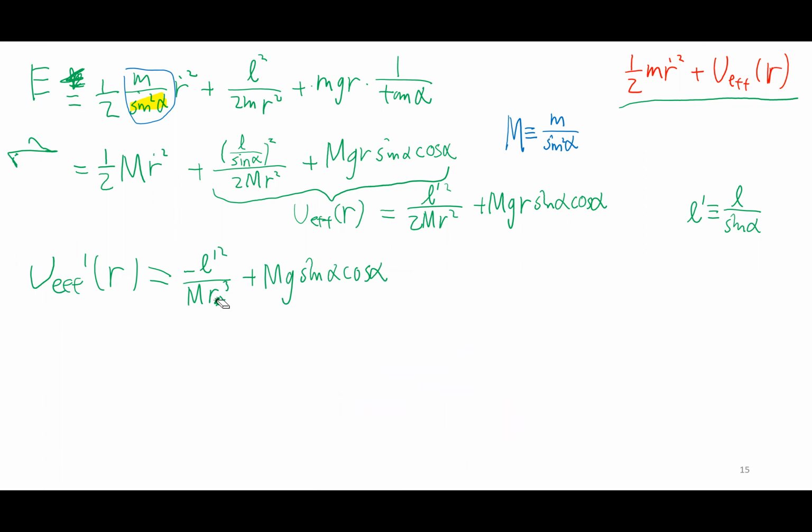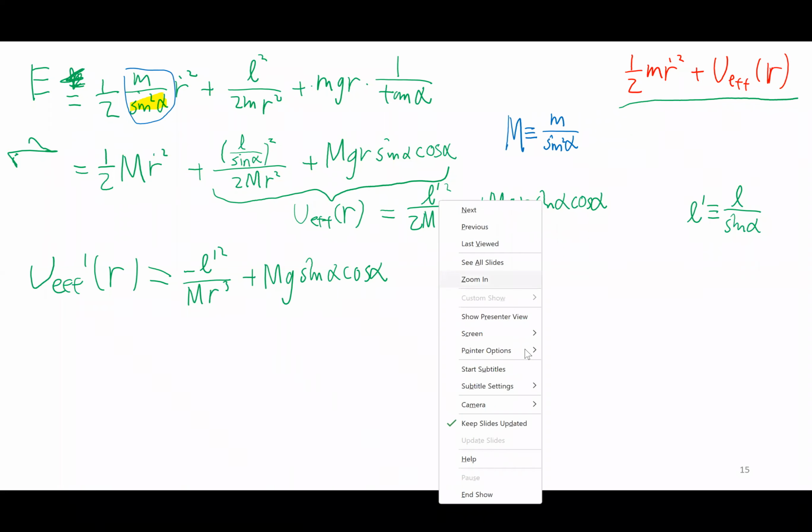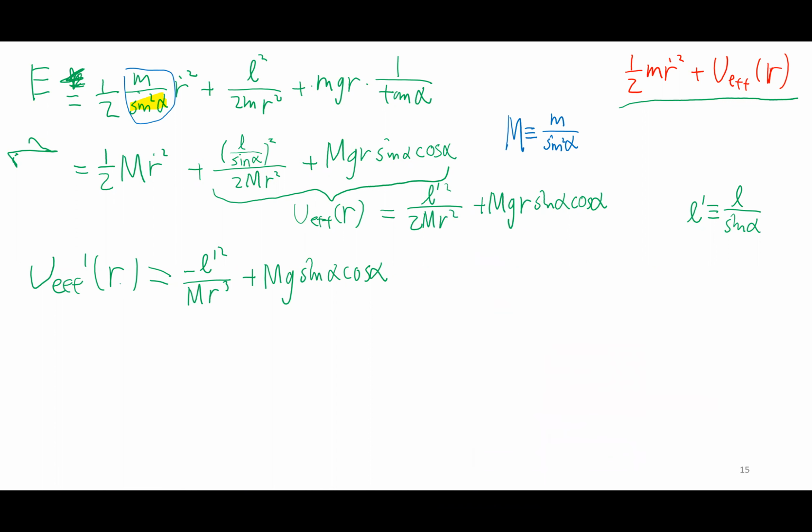If I want to find the radius of the circular orbit, I'm looking for the zero of this U prime R. Now I assume that the radius of the circular orbit is R naught, then this whole thing is 0.